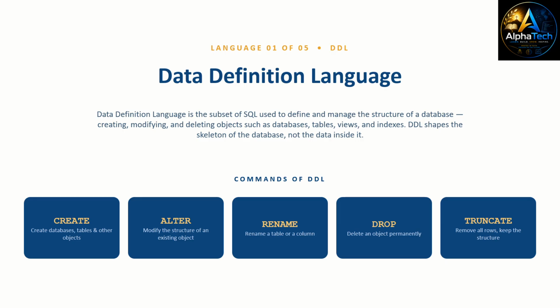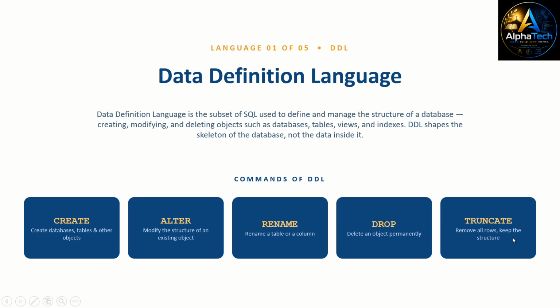This helps us modify that table name, the column names, or the data types of the columns. Done. And rename. This helps us rename the table or the column name. Done. And drop. Drop helps us delete an object permanently from the database, which means we are unable to find any record of the data in our database.